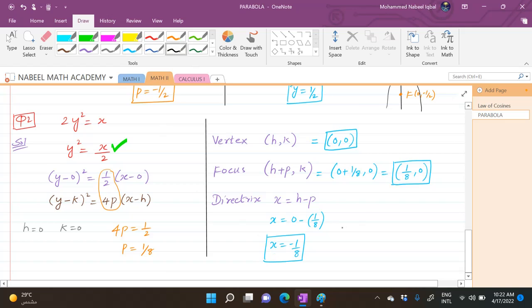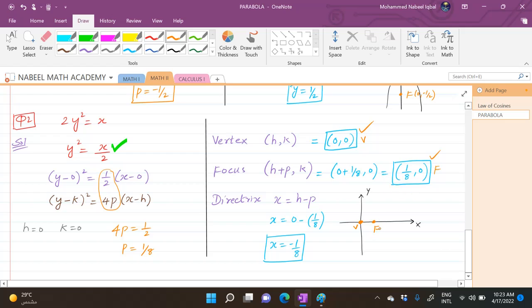Now we will see the graph of this parabola. First, always start the graph with the vertex. So it is 0 comma 0, and this is the vertex. And let us go with the focus. Where is the focus? 1 over 8, an approximate value. It is on the x-axis exactly, because the y value is 0.